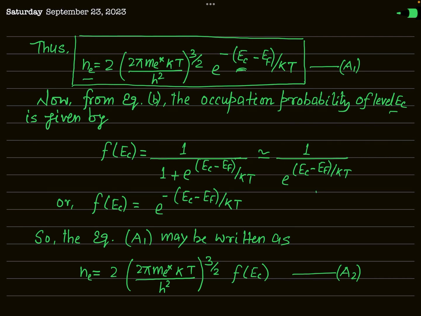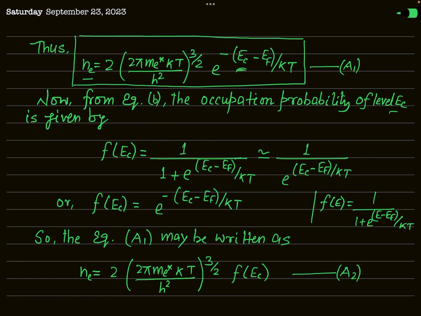Actually, you have seen earlier that the occupation probability, that is the Fermi-Dirac distribution function for an electron having energy E, is given as 1 over 1 plus e to the power (E minus EF) divided by KT.